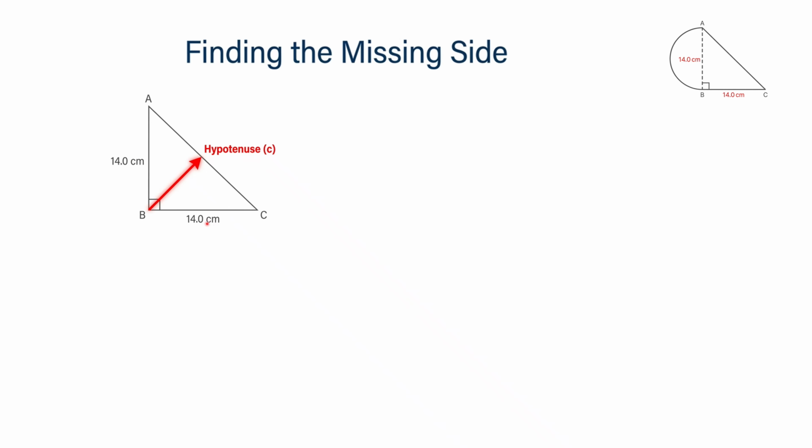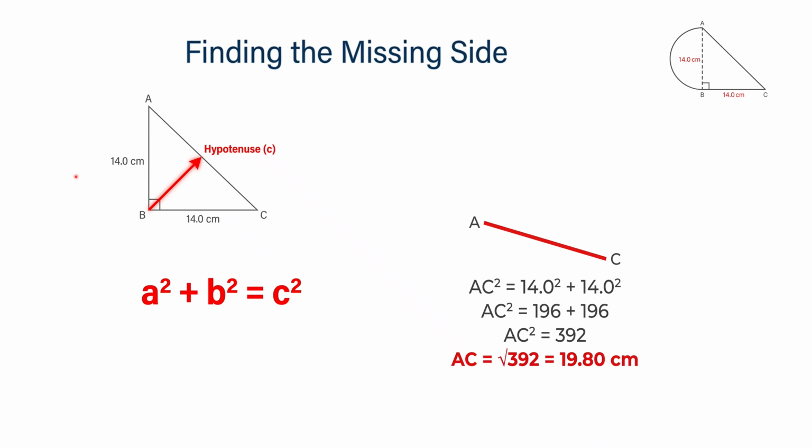So two sides are given and this is a perfect right angle triangle. We can easily use the Pythagoras theorem. So side AC, which is the hypotenuse, is given by 14 squared plus 14 squared, and after the calculation, the side AC is 19.80 centimeter.